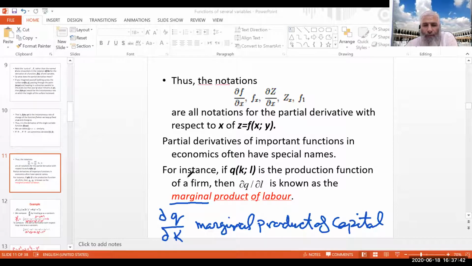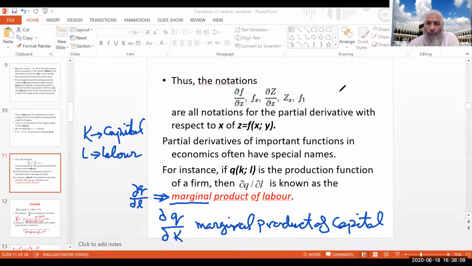Because K is for capital and L is for labor. So dQ/dL is the marginal product of labor, and dQ/dK is the marginal product of capital.